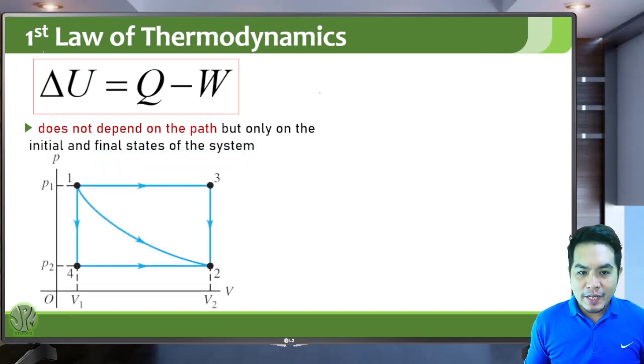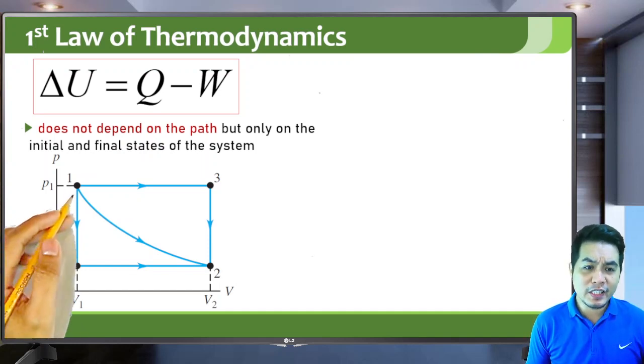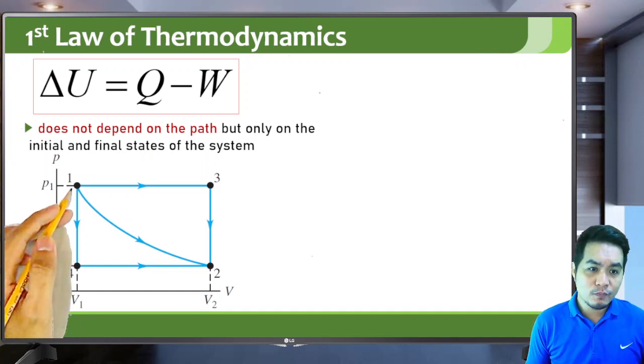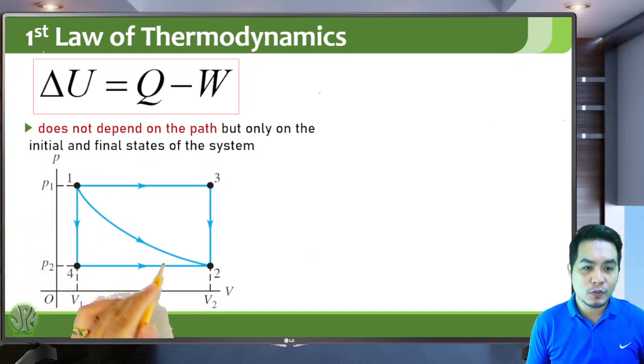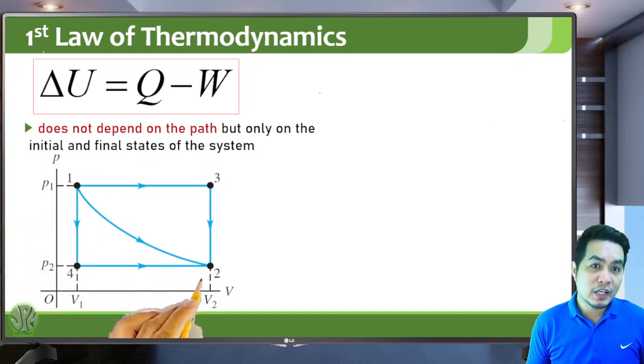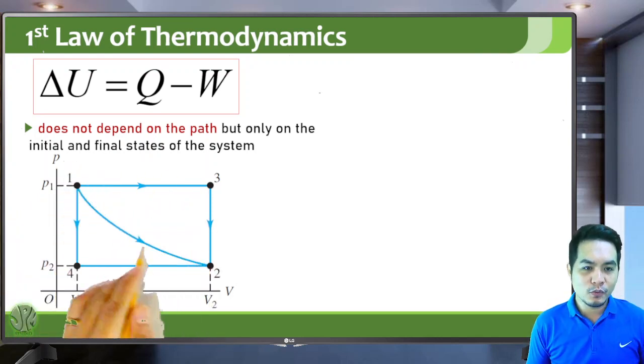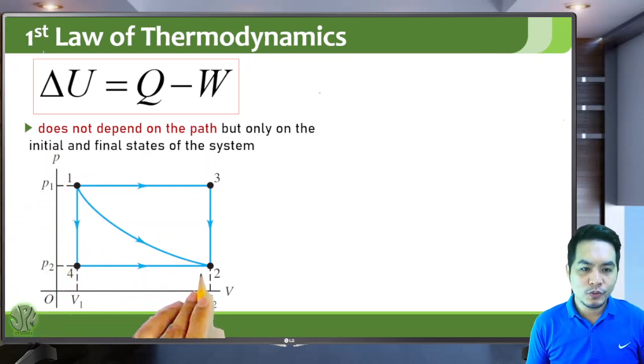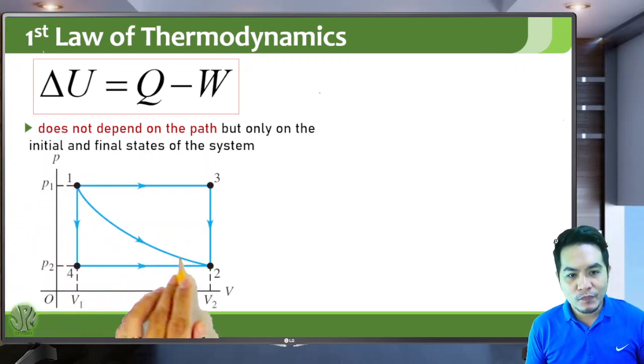In the previous example, we have shown that in changing the state from state 1 to state 2, the work will depend on the path, whether it's the path 1-3-2, the path 1-4-2, or the direct path 1-2.